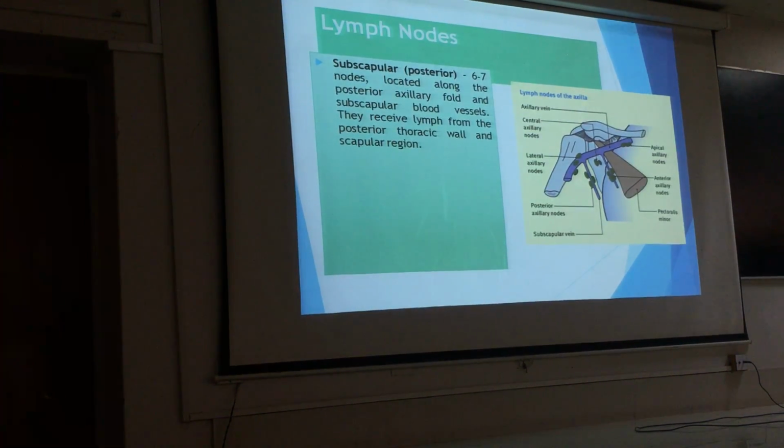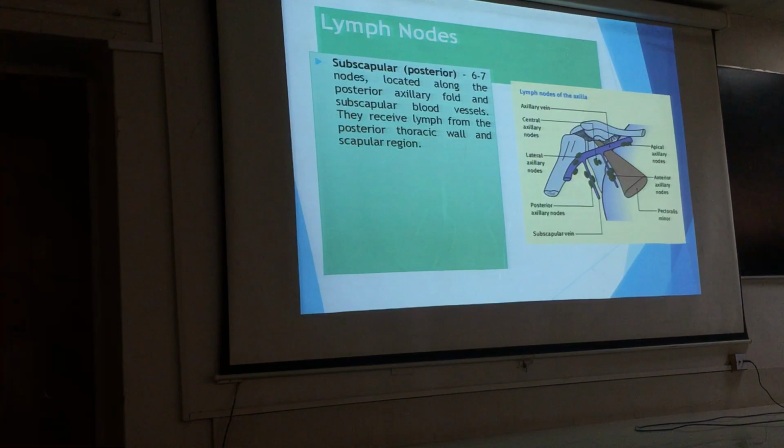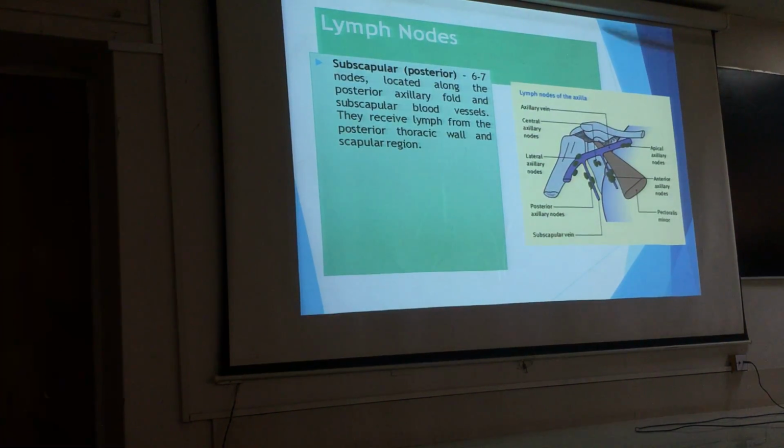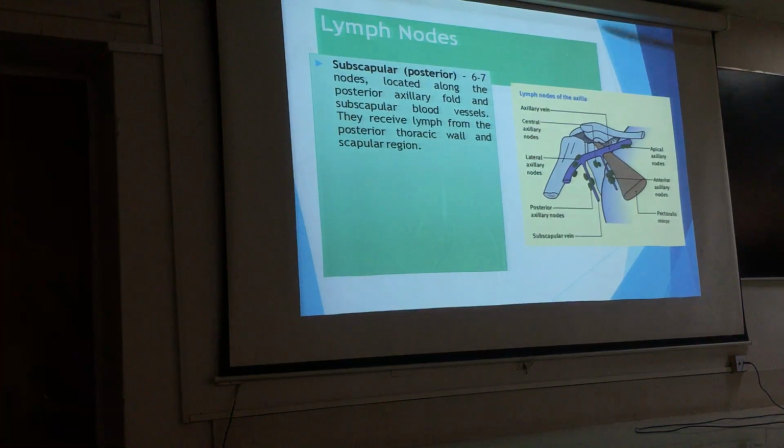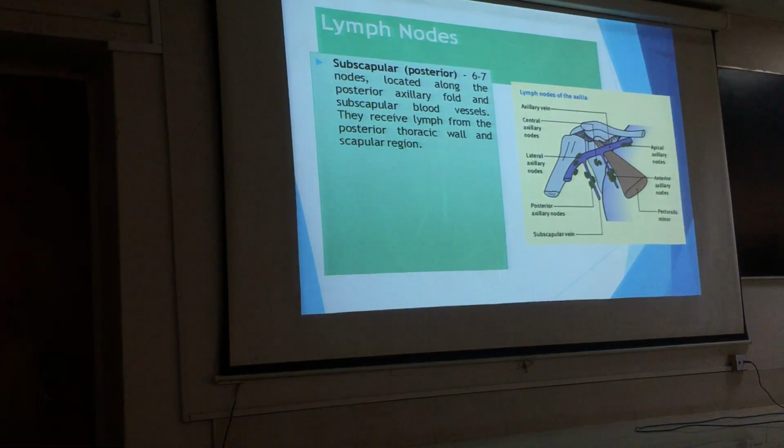Now, since it is present a little bit on the posterior side of the scapula, the main lymphatic drainage which it will receive is coming from the posterior side or from the scapular region. So the posterior side drainage will come and drain into the posterior or the subscapular group of the axillary lymph nodes.